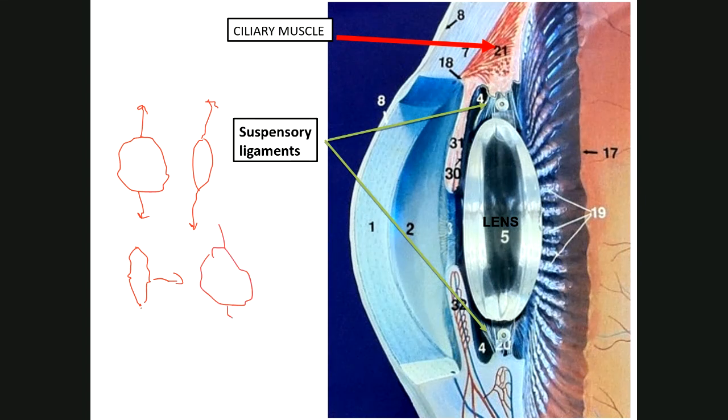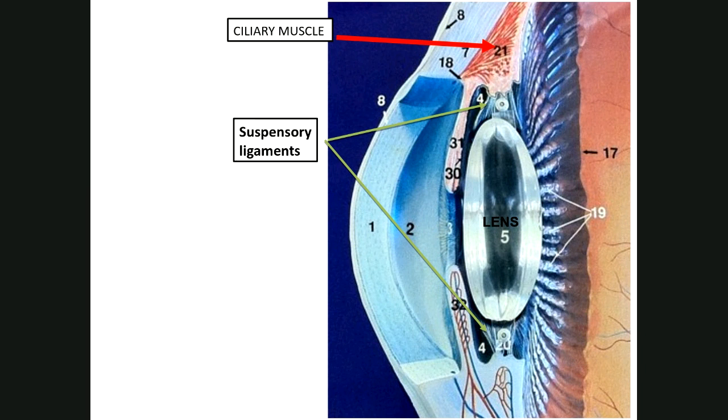So I can change the shape of the lens. It can be either big and round, spherical, or it can be pancake shaped. And it's this muscle that does that.